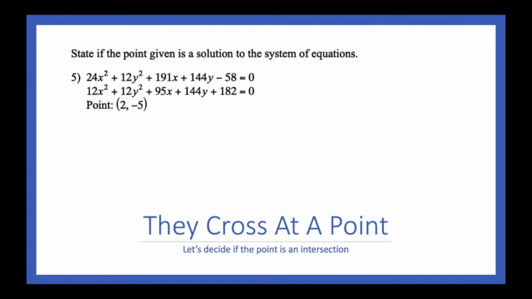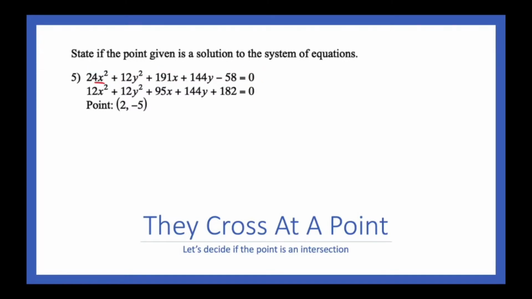The place where a conic section crosses is where it has a common point. A point is where the x value and the y value would make it equal or make a true statement. So if I plugged the x and the y value into this, and after I did all the addition, subtraction, and multiplication, the answer equaled 0, I would know that that point satisfies that equation.